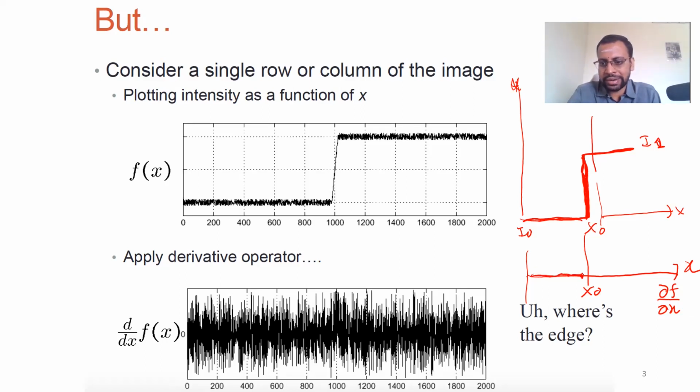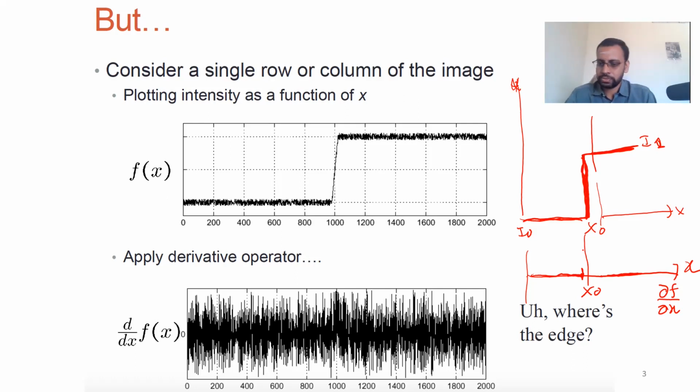Just let us leave the boundary. But after this region, what would be the profile again? Again 0. Very good. What would be the value immediately after this? It would be I1 minus I0. Is it positive or negative?